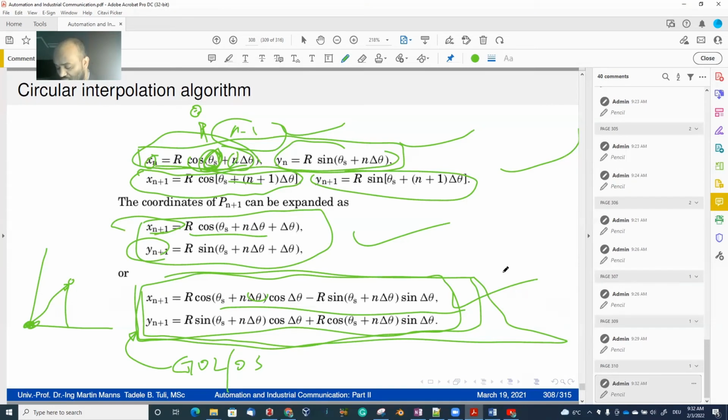For example, we say each segment could be completed in 1 millisecond, then that's a constant time. Or we could say each segment covers 0.02 degree, then this is a constant displacement. In our assumptions, we used only a constant displacement.